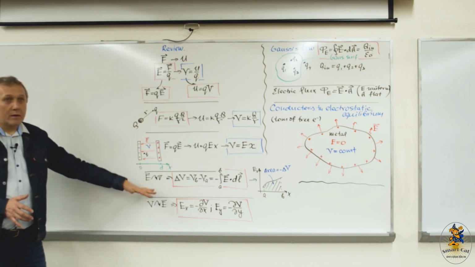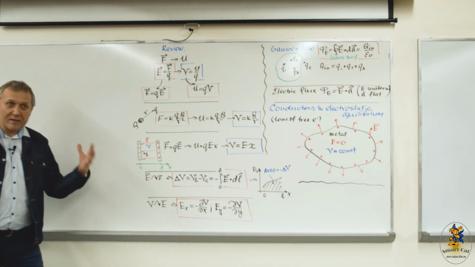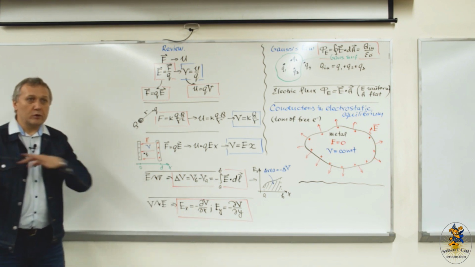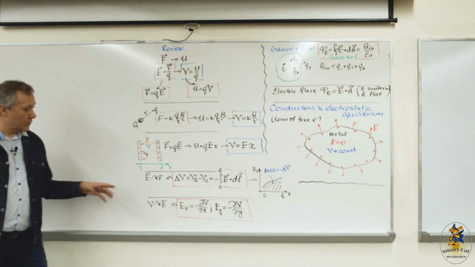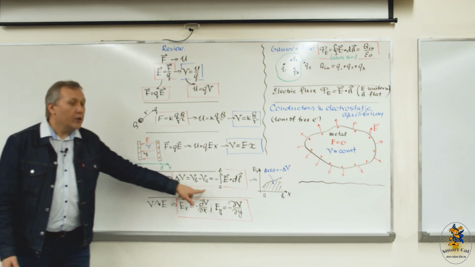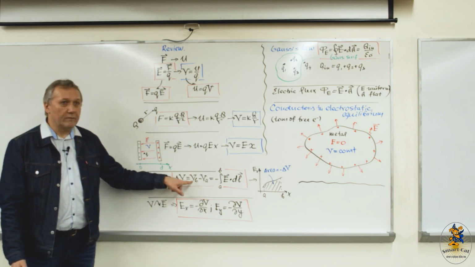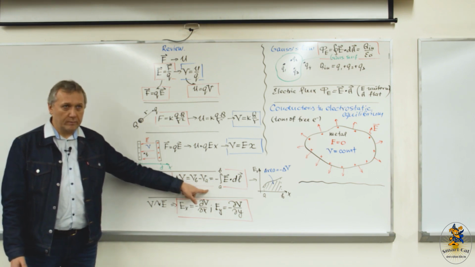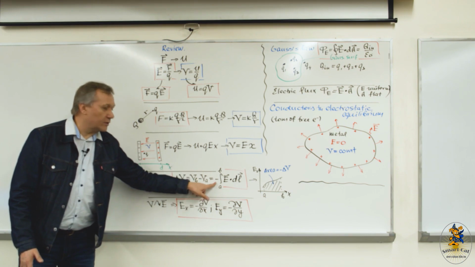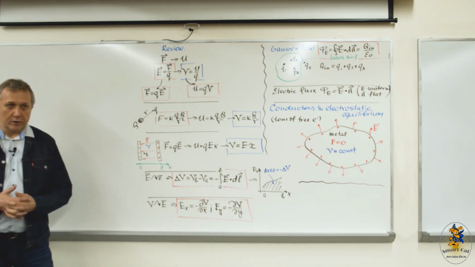Okay, so then, since electric field and electric potential describe exactly the same thing, of course we should be able to move back and forth between these two quantities. If you want to move from the electric field to the electric potential, you have to integrate between some arbitrary final and initial point. When you calculate this integral, don't forget about this minus. You will get the potential difference between the final and the initial point.